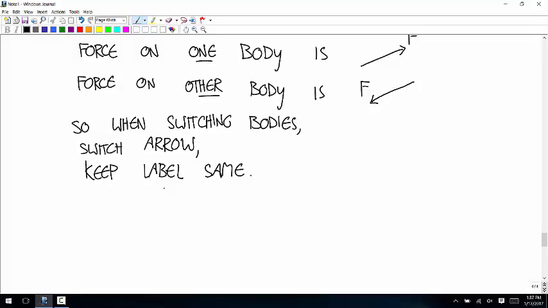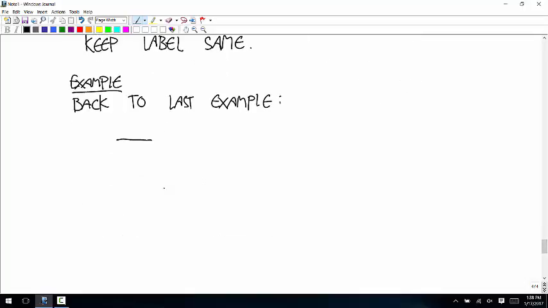Okay, so let's go back to the two boxes sitting on top of each other, where we had the 20 kilogram box sitting on the 50 kilogram box.